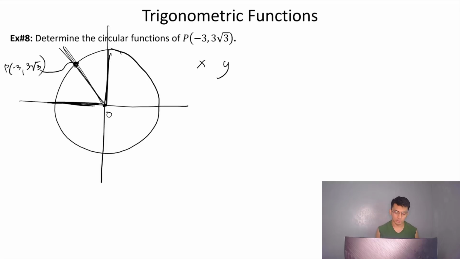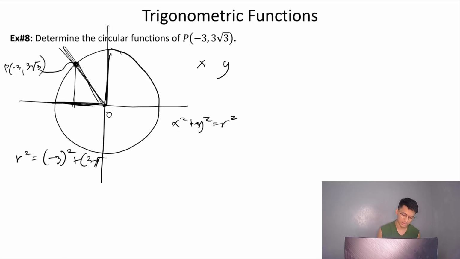Solving for the hypotenuse. By the circular or similar to Pythagorean theorem, we have the equation of the circle x square plus y square is equal to r square. So, solve natin itong radius niya. So, r square is equal to negative 3 square plus 3 square root of 3 square. So, r square is equal to 9. Negative 3 times negative 3 is positive 9.